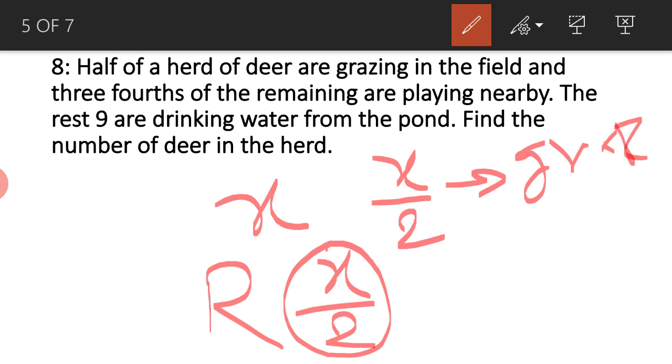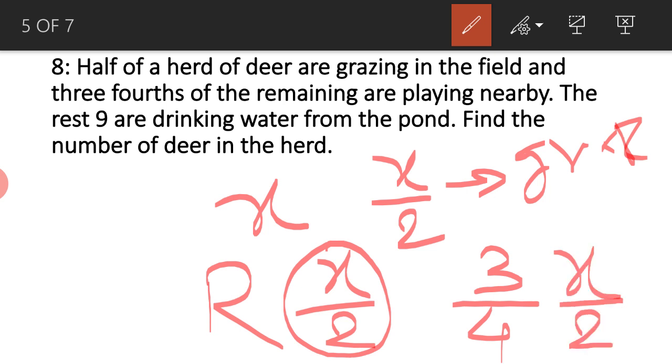Out of remaining means out of x by 2 deer, how many are playing nearby? So they are 3/4 of remaining, that is x by 2. So these many, they are playing nearby. Is it clear? And then the remaining, whichever are remaining, they are drinking water.